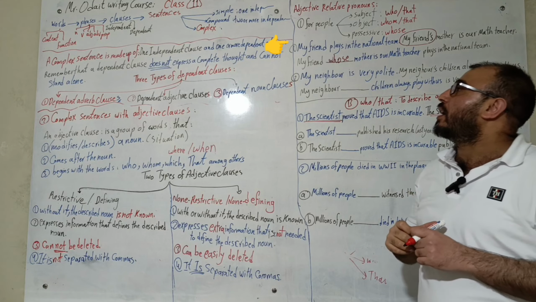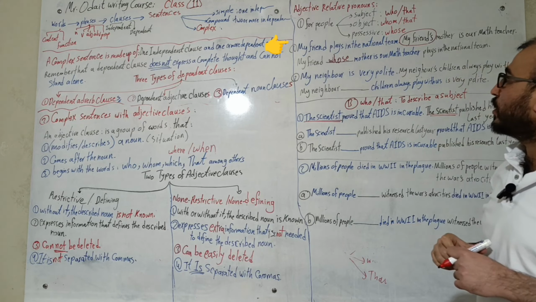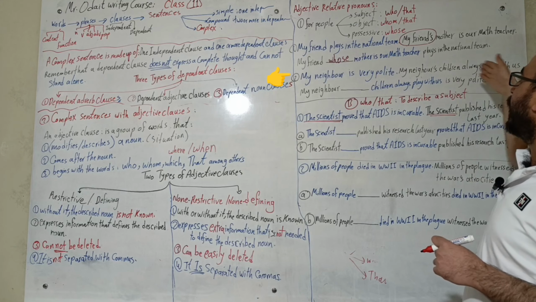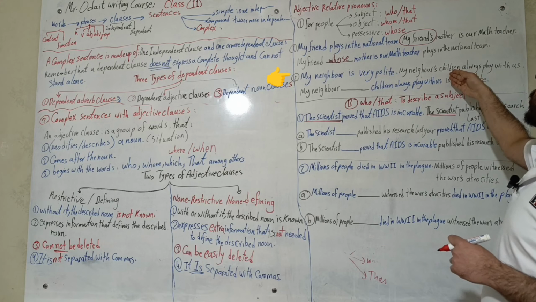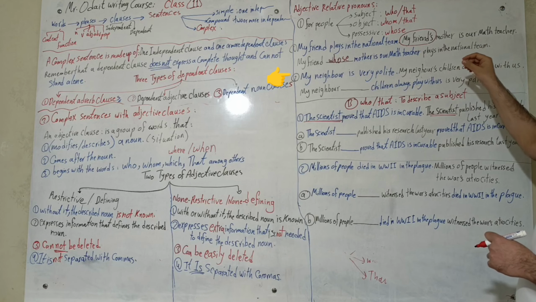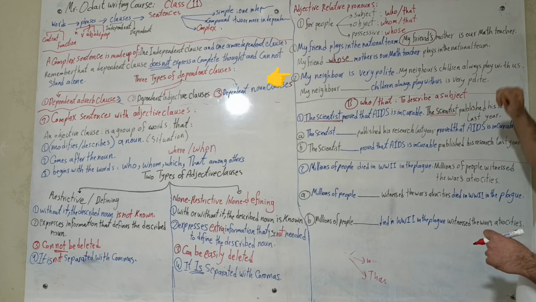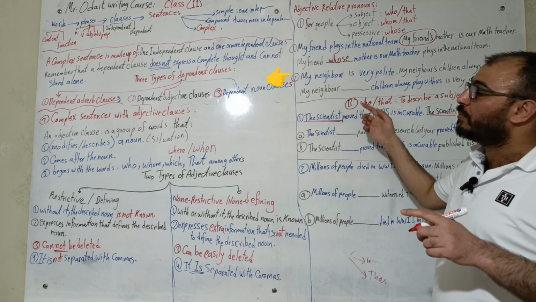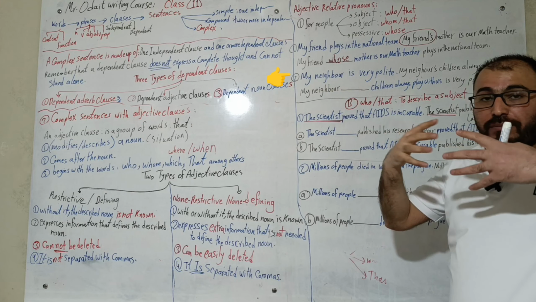which is a conjunction. Here, my friends, second example: my neighbor is very polite. This is the first simple sentence, which is originally an independent clause, and this is the second one: my neighbor's children always play with us. This is the second simple sentence, which is originally an independent clause. I should merge them together to make one complex sentence.